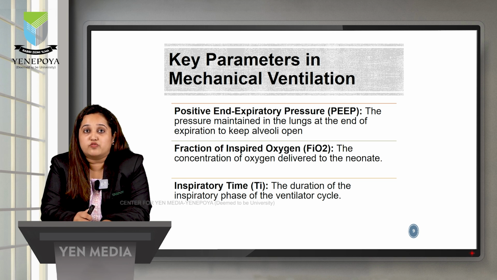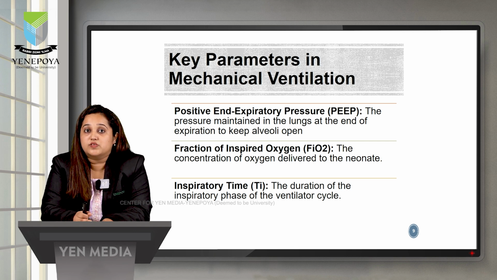FiO2, that is the fraction of inspired oxygen. It is the concentration of oxygen that is delivered to the neonate. Now FiO2 is a very debatable setting or parameter, I would say, because it depends on the baby's condition and the baby's oxygen saturation, what you are targeting. Different disease conditions will require different FiO2, and the only parameter that you will depend on is the oxygen saturation of the baby.